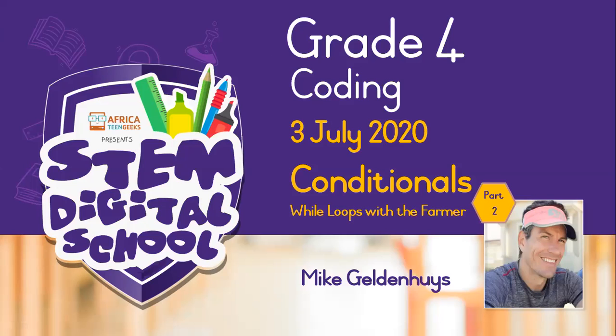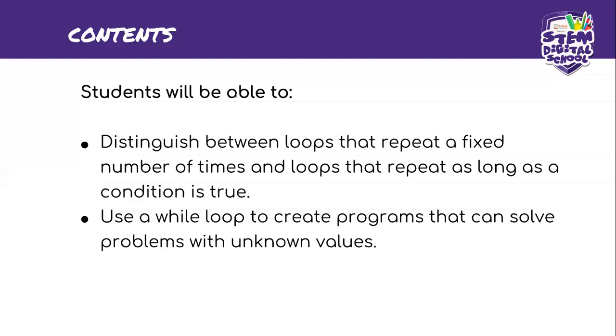Okay, let's move on to our second slide. Remember, our objectives for this lesson are to distinguish between loops that repeat a fixed number of times and loops that repeat as long as a condition is true, and to use a while loop to create programs that can solve problems with an unknown value.